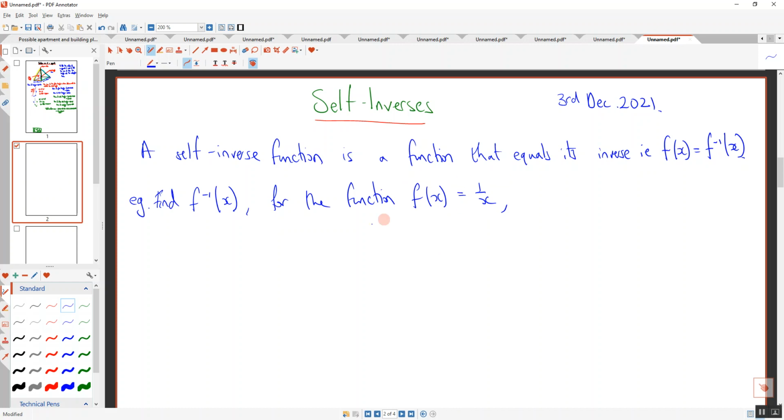If I want to find the inverse of this, I start off with y equals 1 over x, then swap our x and y's, then make y the subject. So multiply both sides by y, so yx equals 1, divide both sides by x, and I get y equals 1 over x. So our inverse is also equal to 1 over x, okay? So our function is 1 over x, the inverse is 1 over x, so that is a self-inverse, okay?